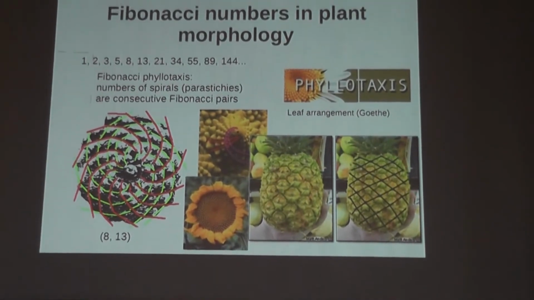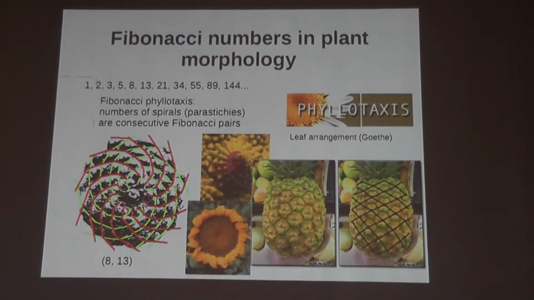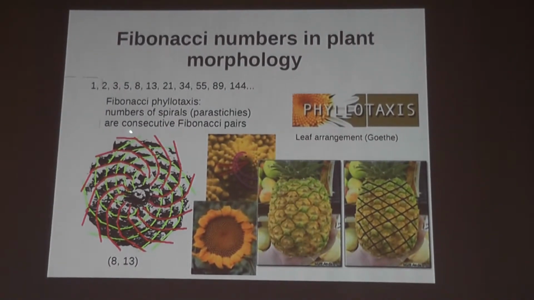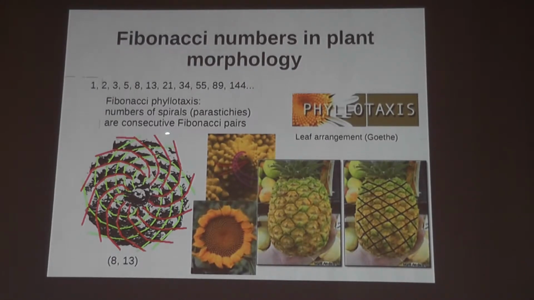Yes, 13 red ones. And if you count green ones, the number is supposed to be 8. I haven't checked, but that's what this says. Right? So 1, 2, 3, 4, 5, 6, 7, 8.